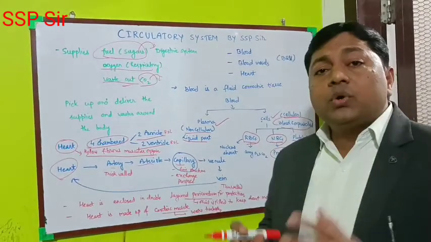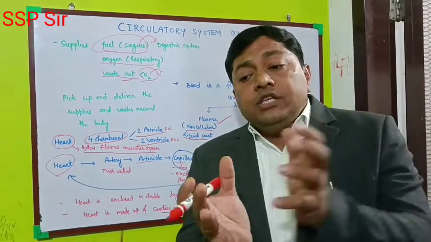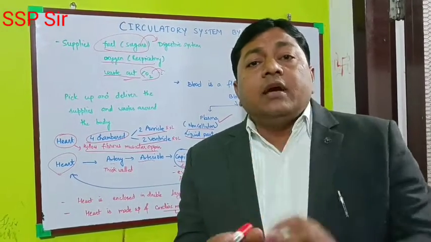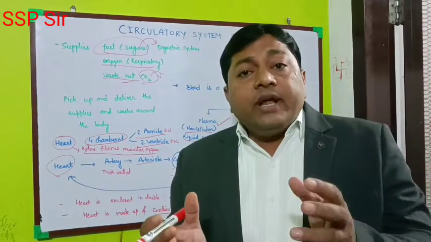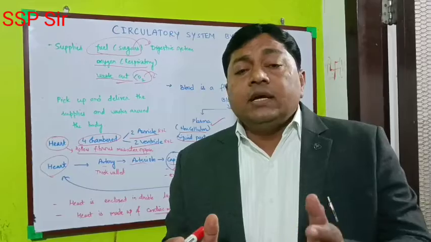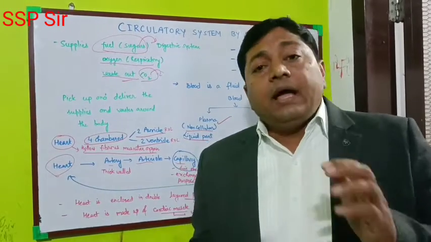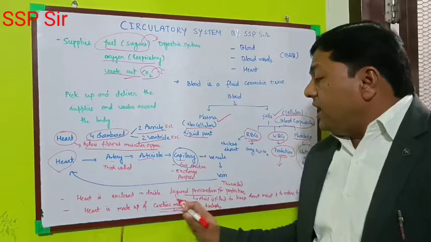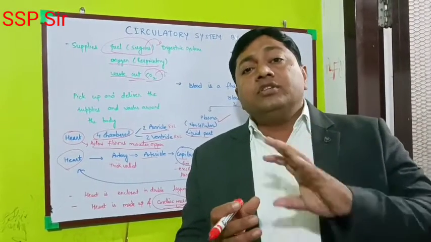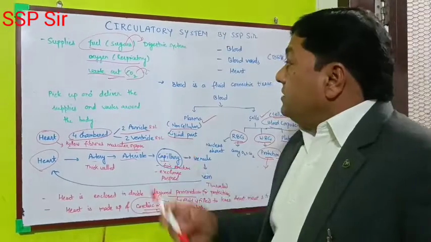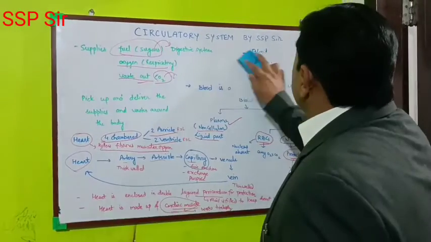The heart is enclosed in a bilayered membrane, the pericardium, and between these two layers there is a liquid. The liquid protects the heart from friction and gives lubrication to the heart. Apart from that, the heart is made up of cardiac muscle, and they work continuously in rhythm.